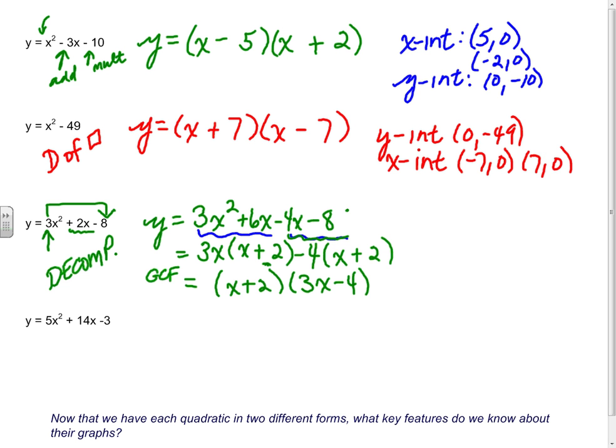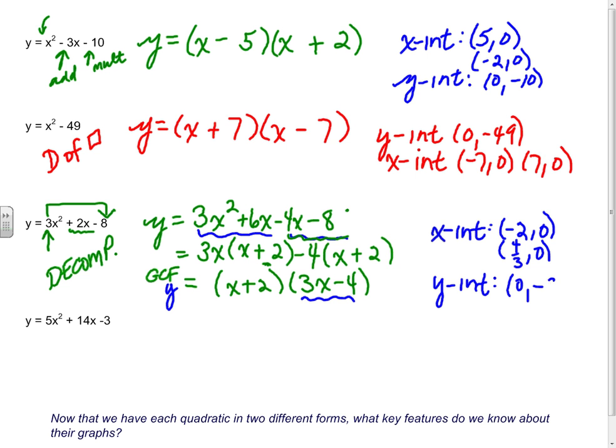So, looking at factored form, I know that I have two x-intercepts of, the first one's easy, minus 2, 0. Second one is a little bit harder. I just keep doing this to practice. 4/3. If I put a 4/3 into that bracket, I will get a 0. My y-intercept from the first form is minus 8.